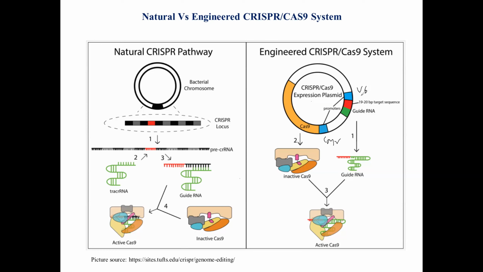How? Because this plasmid will code for the guide RNA as well as the Cas9, and these will form the complex inside the cell. In situ complex formation will happen of the guide RNA and the Cas9, and that will lead to the active Cas9. So the Cas9 will go inside the nucleus, right? Because the Cas9 will be having a nuclear localization signal.